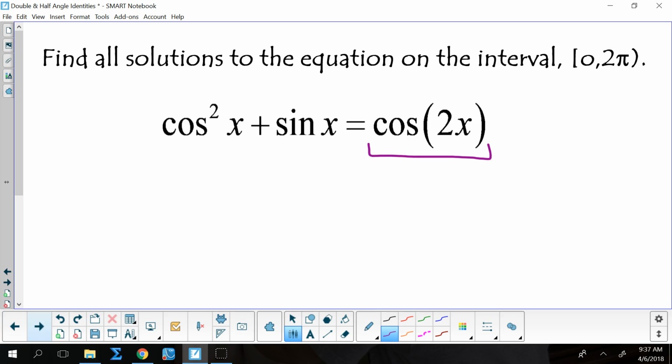Instead of sines and cosines, it would be really nice to get it down to just either sines or just cosines. So if I'm looking at this one, if I went with 2 cosine squared minus 1, I'm still going to have sines and cosines. So let's not do that one.